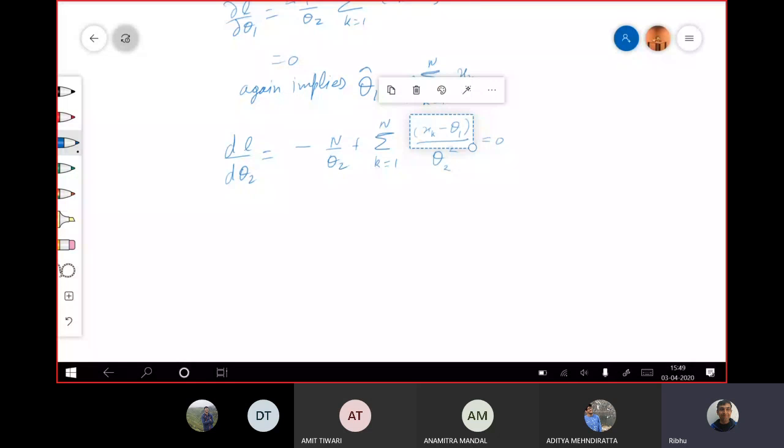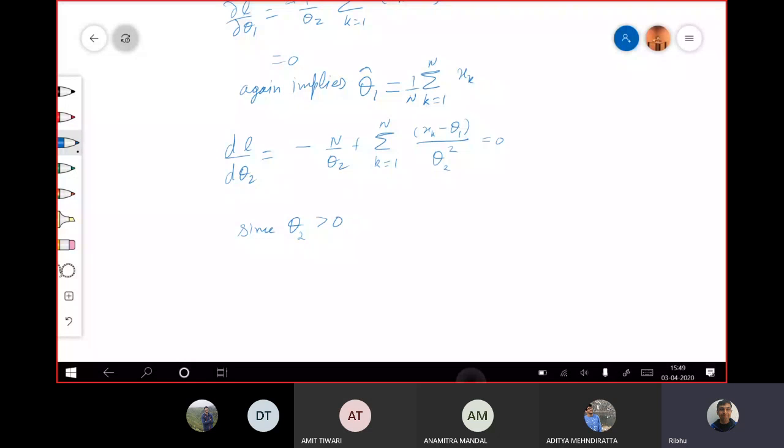Since this is a random variable, theta 2 will necessarily be greater than 0.